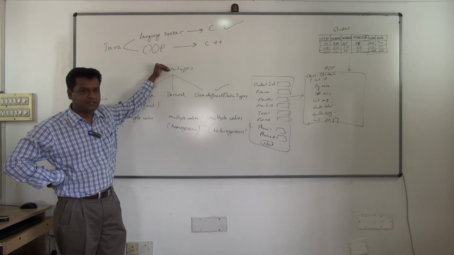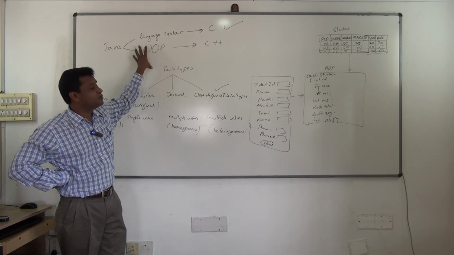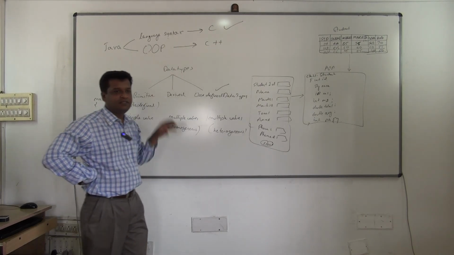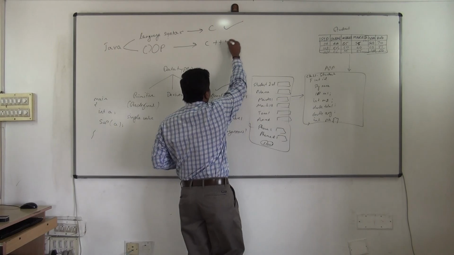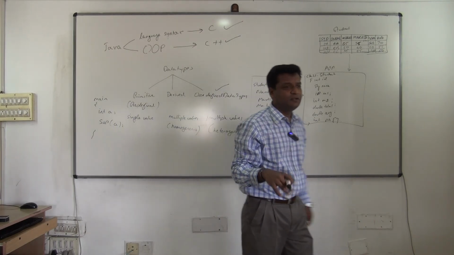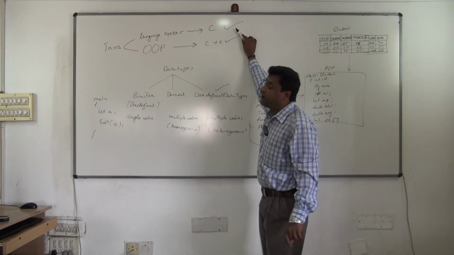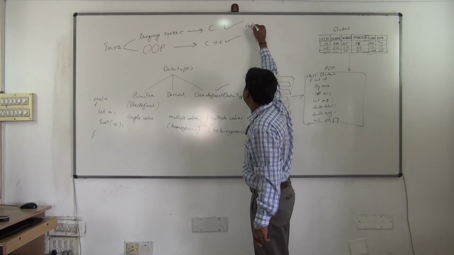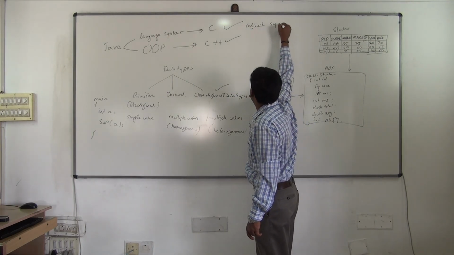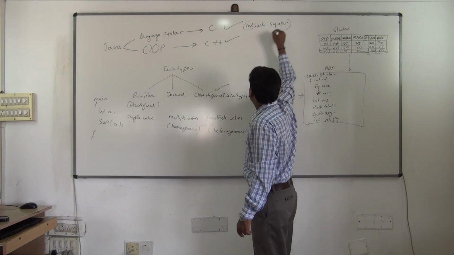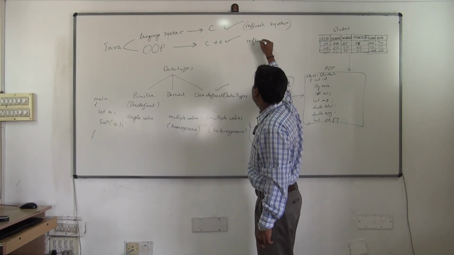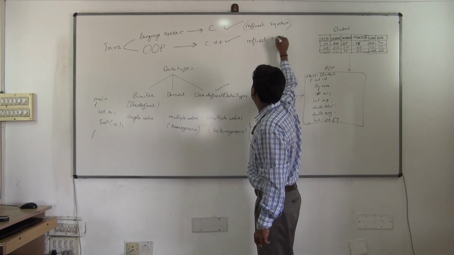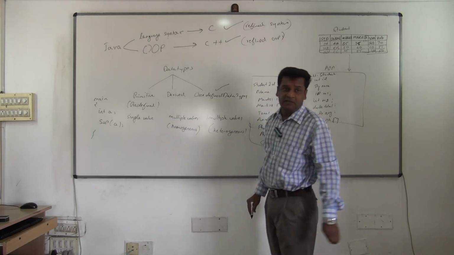Java is a combination of these two, but it's a different language, plus at the same time it is portable. It has refined syntax plus refined OOPS. Understood now? Both are refined here. Clear?